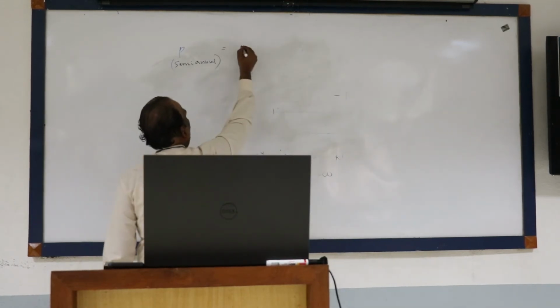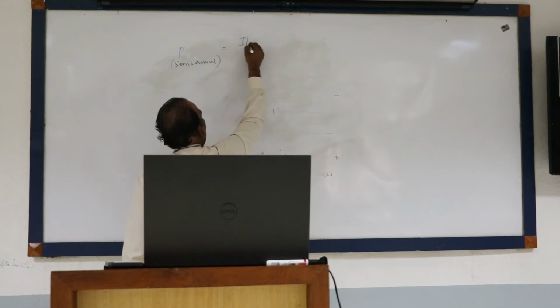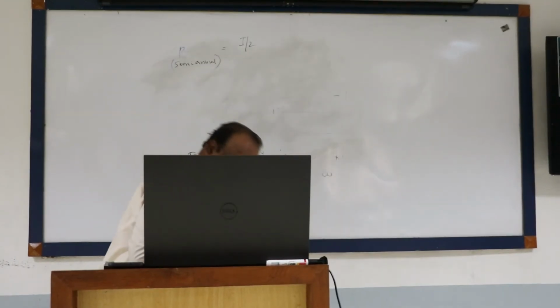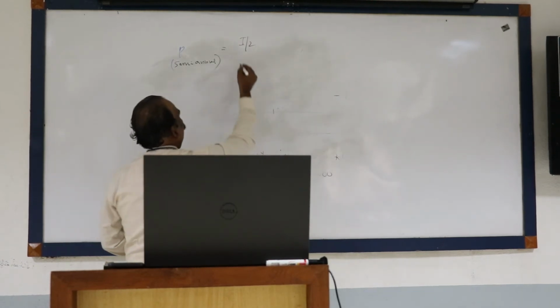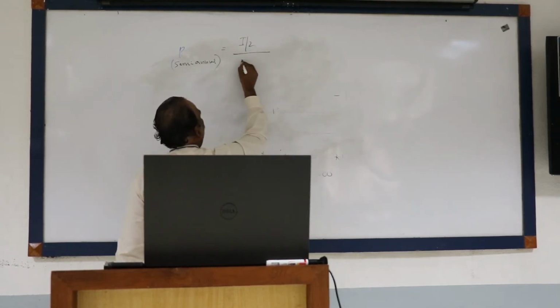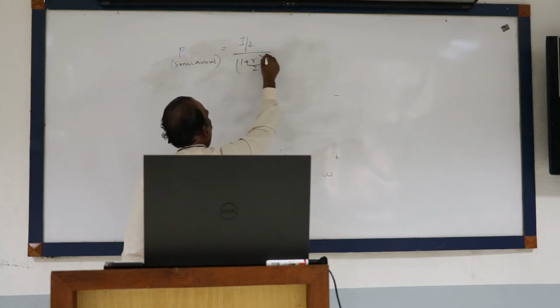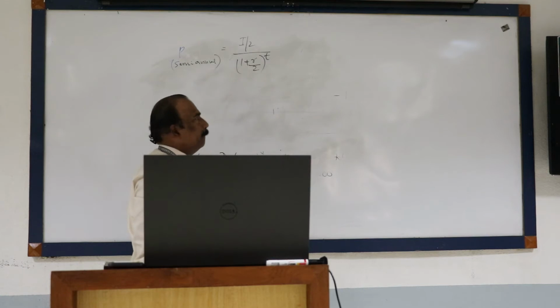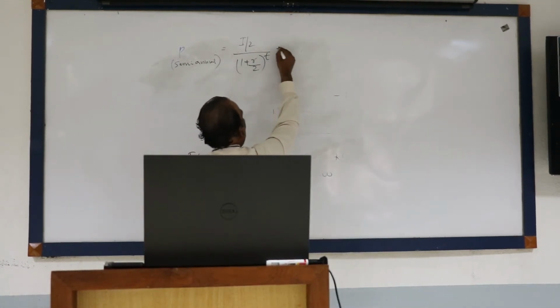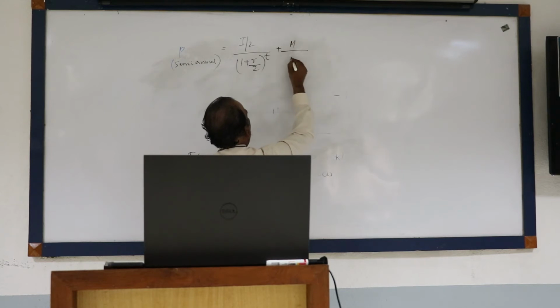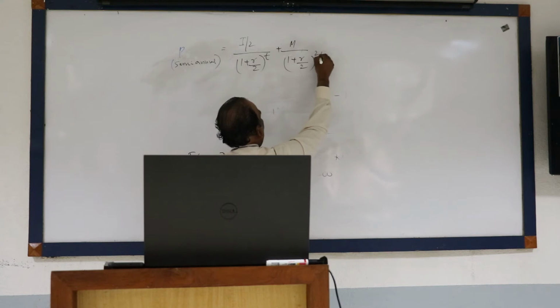It is I divided by 2, whole divided by 1 plus R by 2 power T, plus M divided by 1 plus R by 2 to the power 2 into M. I am writing the general equation: I divided by 2 whole divided by 1 plus R by 2 power T, where T is time period, plus M divided by 1 plus R by 2 to the power 2 into M.